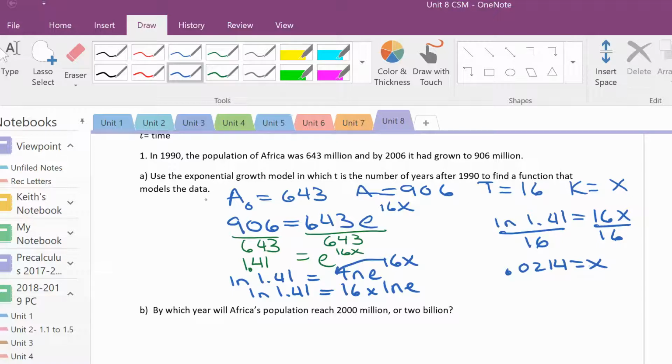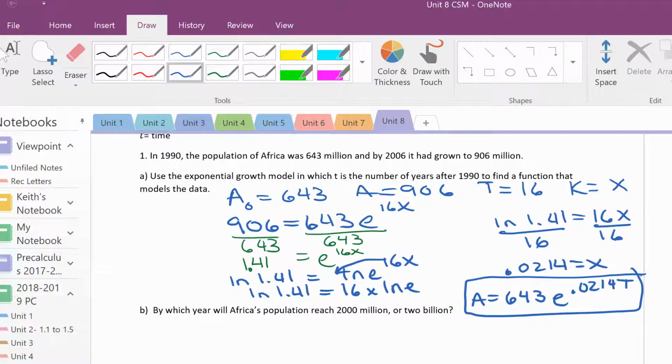So when we write a model, we're going to say that A is equal to 643 e to the 0.0214t. That is our model. That is the equation that we can use to predict the population for any other time in Africa.